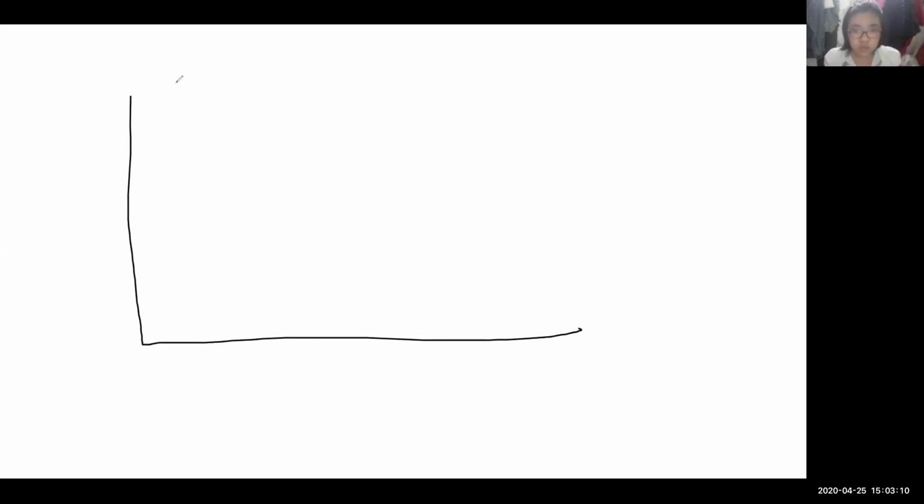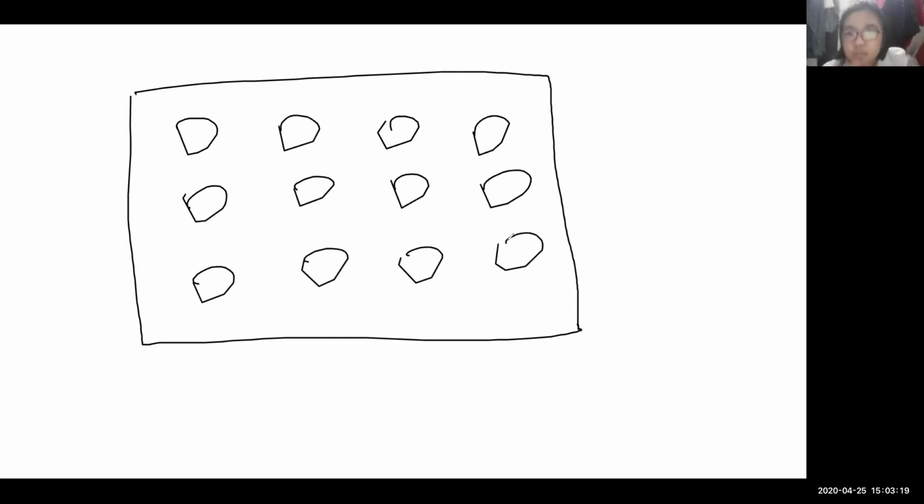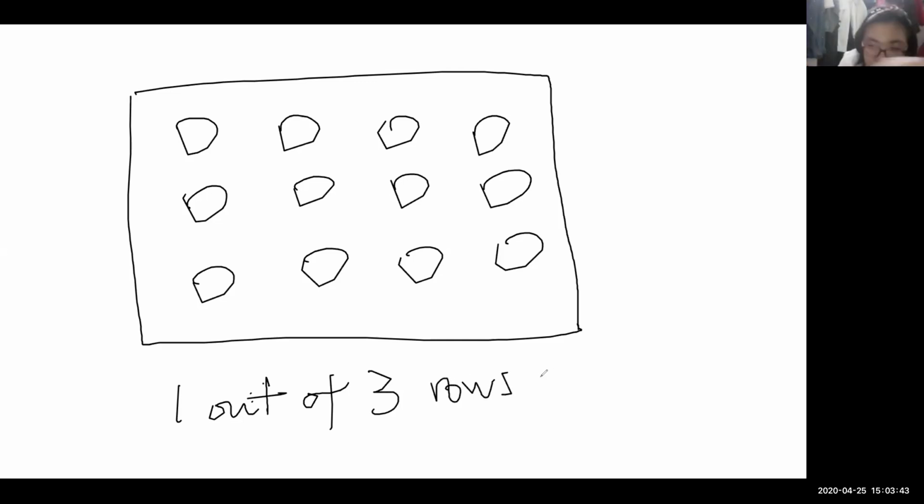Now, what about this? 1 out of 3 rows is shaded. Okay, your turn.